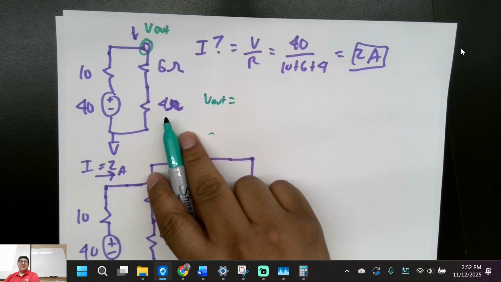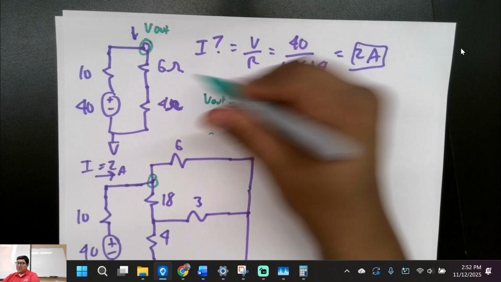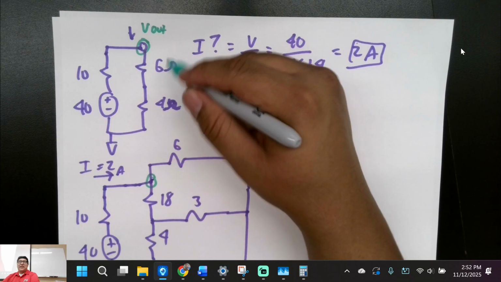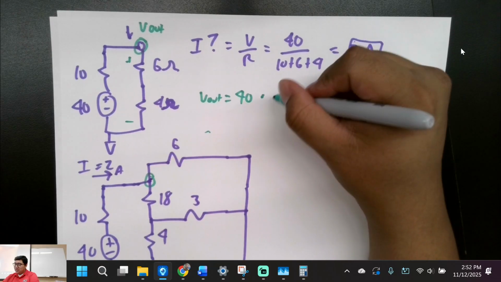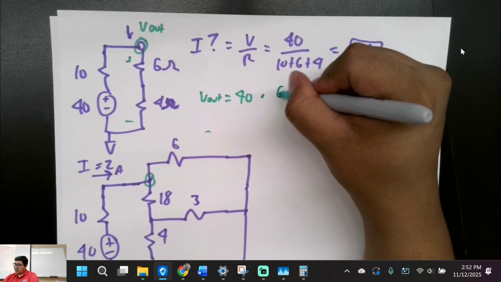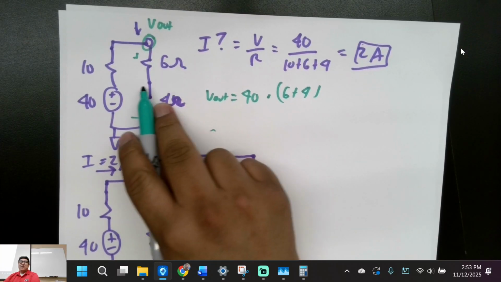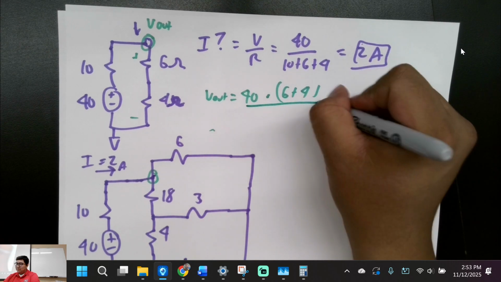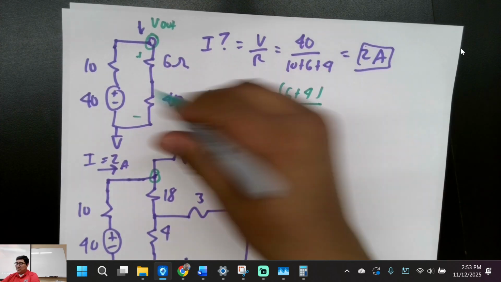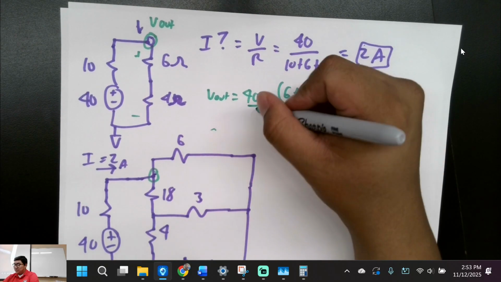Who knows the cheat way? Our input voltage times that resistance we're trying to find, that voltage drop, plus, minus, which is going to be 6 plus 4. The voltage drop of these two resistors in series, divided by the summation of all the resistors.